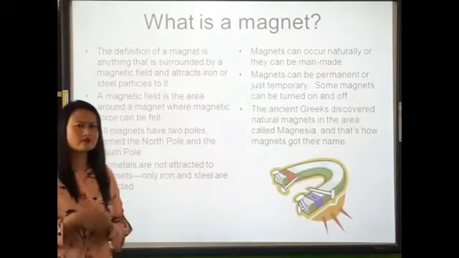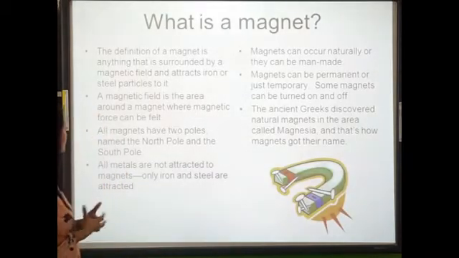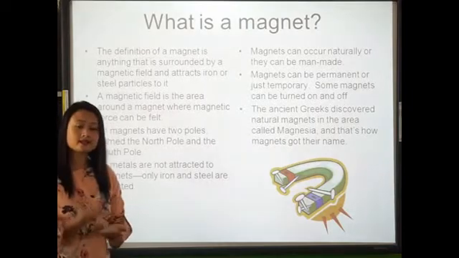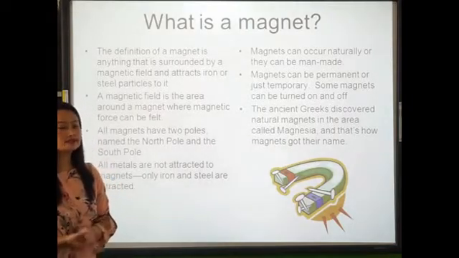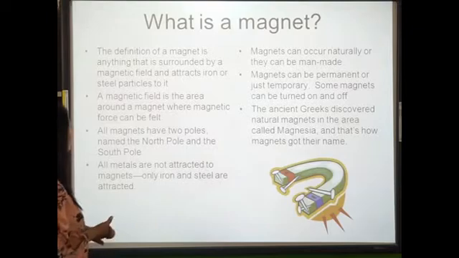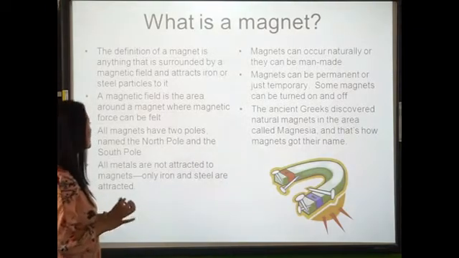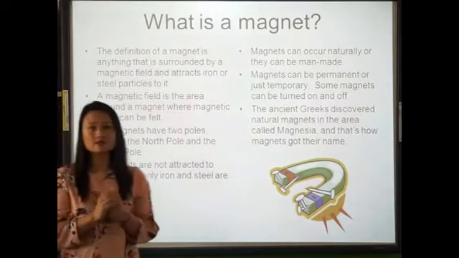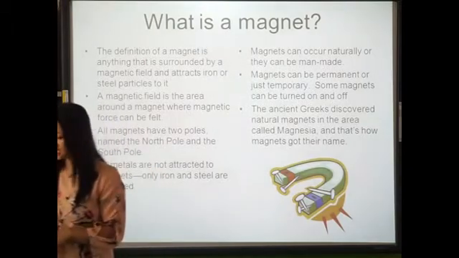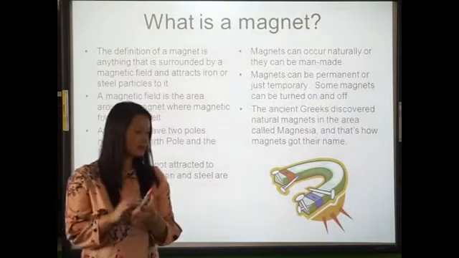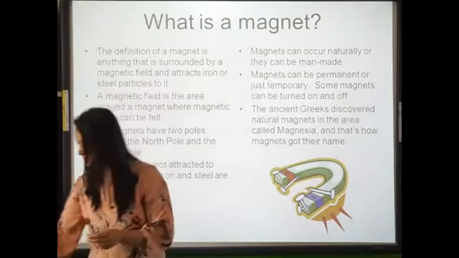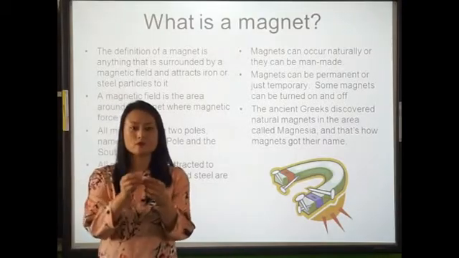Now, further discussing, as we said, a magnet is anything that attracts iron or steel. A magnetic field is the area around a magnet where a magnetic force can act. Say this small one is a magnet.